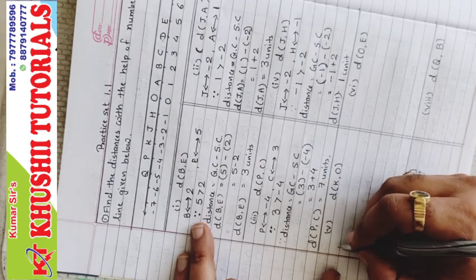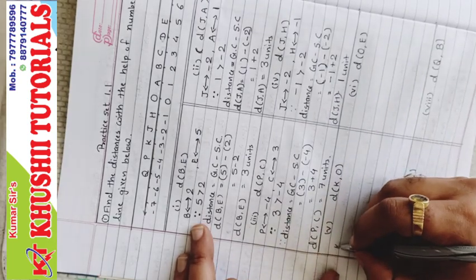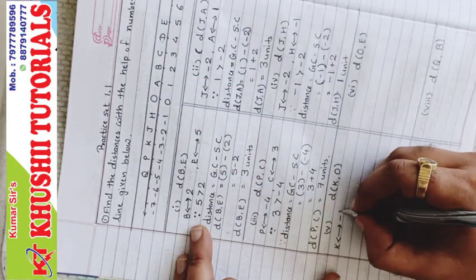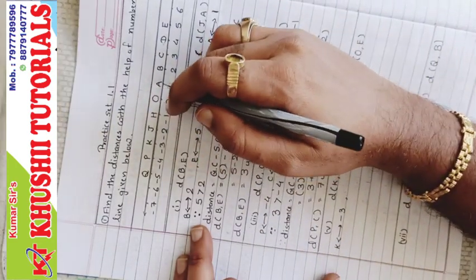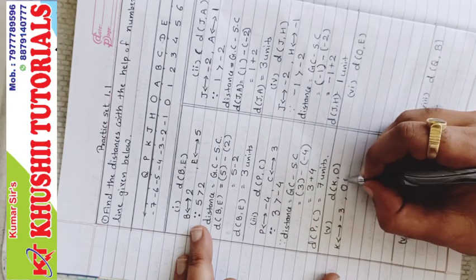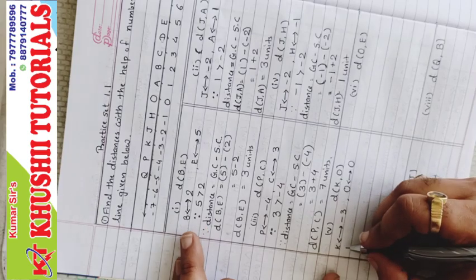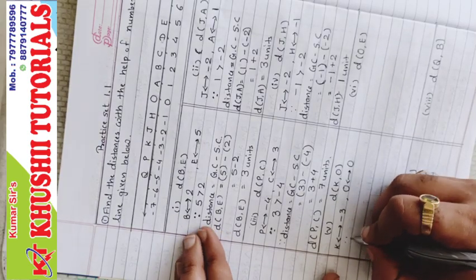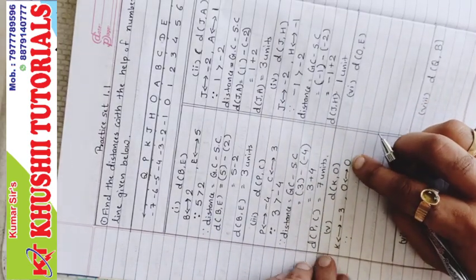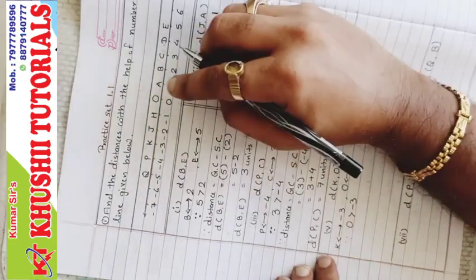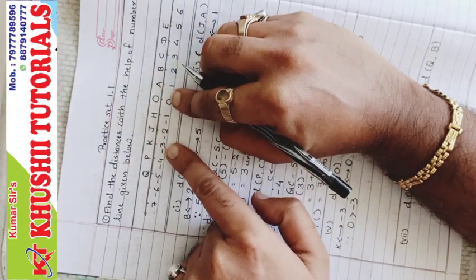Distance K comma O. First, we have to write the coordinates. Coordinate of K is -3, and coordinate of O is 0. Now comparison. Definitely 0 is greater than -3, and if you don't know this, then compare 0 and -3 and see which is on the right side. 0.